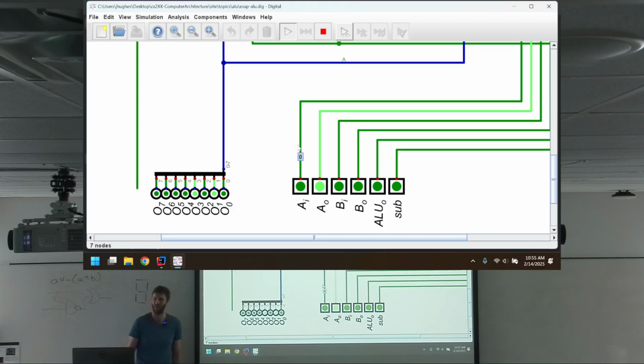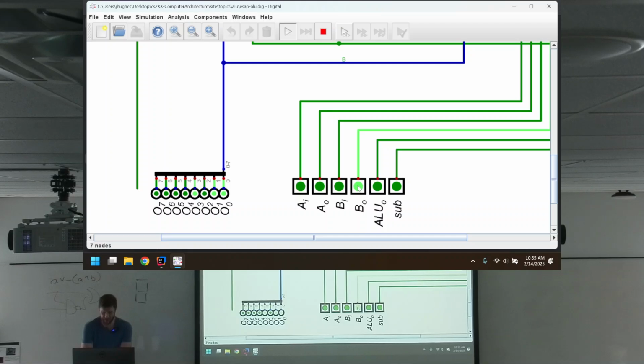The clock pulse only mattered when latching the data in, not when outputting from a register. This is good in the sense that I want to make sure the data from wherever it's coming from is ready to be latched in on the next clock pulse, right? And then, if that's there, B out, we see 11.